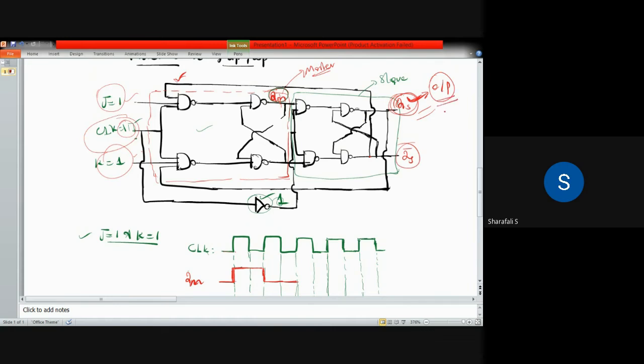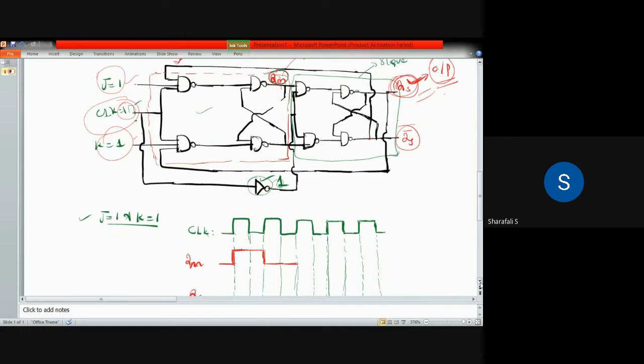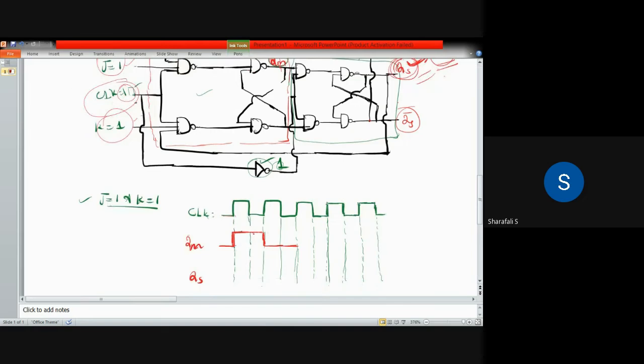It is not going to vary until the clock pulse is going to become 0. Okay, so because of that, your output is not going to change, as the slave is now inactive. So your QM will be staying in the same state.